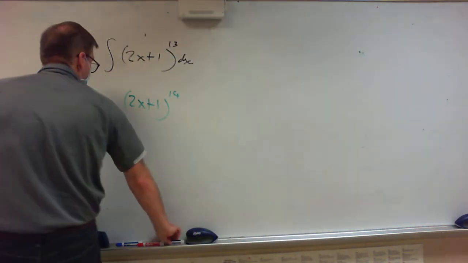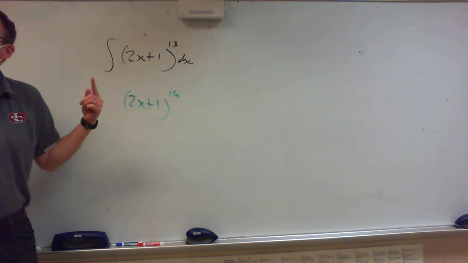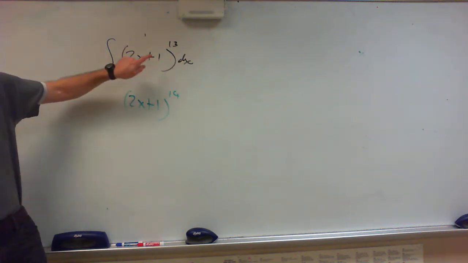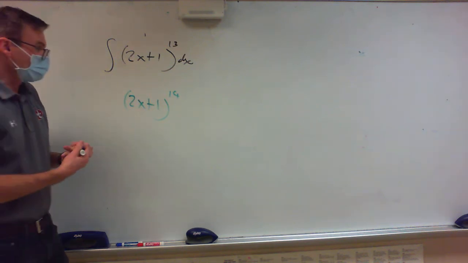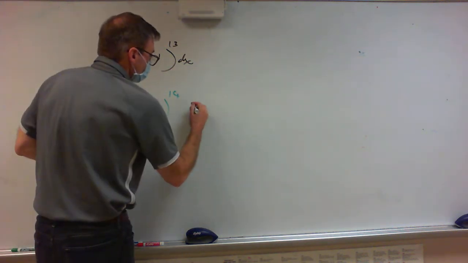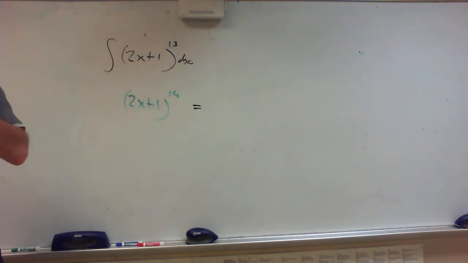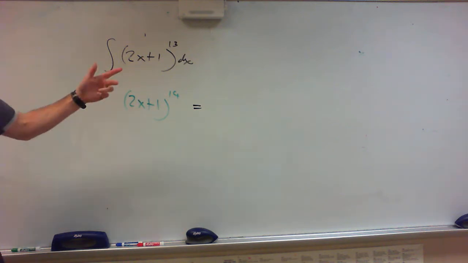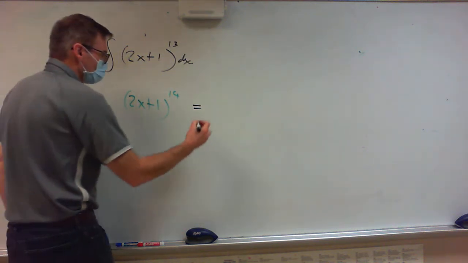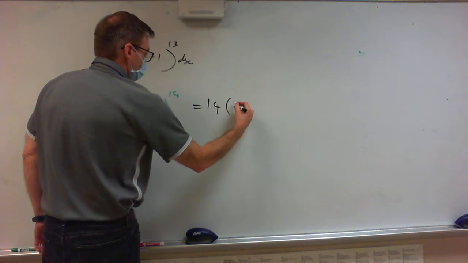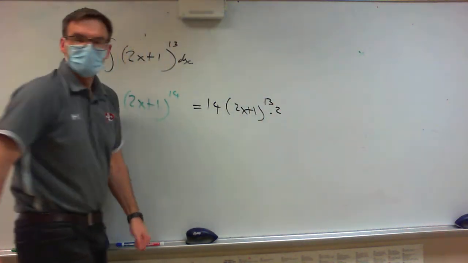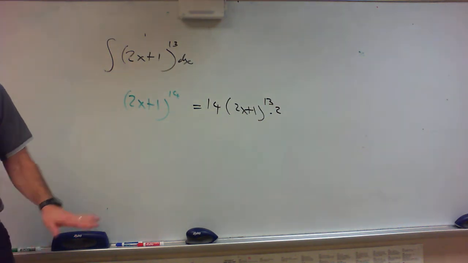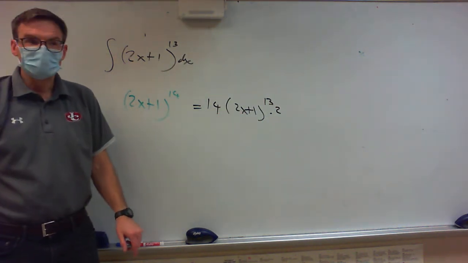All right, fine. So now, if the goal is the derivative of this has got to equal this, take the derivative of this. Okay? So off to the right, let's take the derivative. Of course, you have to remember chain rule, right? So we take the derivative, and what do we get? 14 times 2x plus 1 to the 13th times 2. Is everybody okay? The derivative of this is this guy?